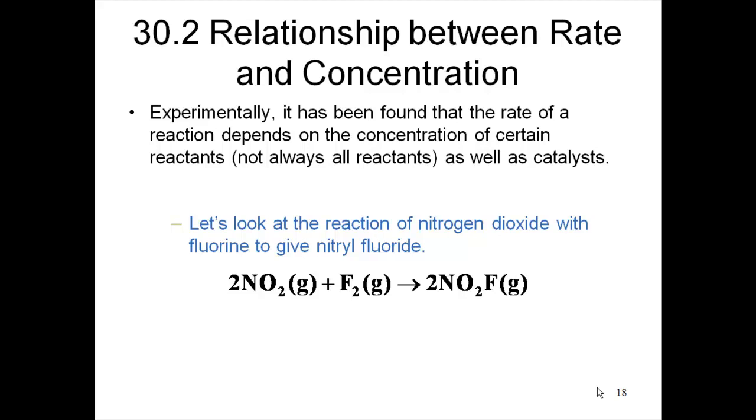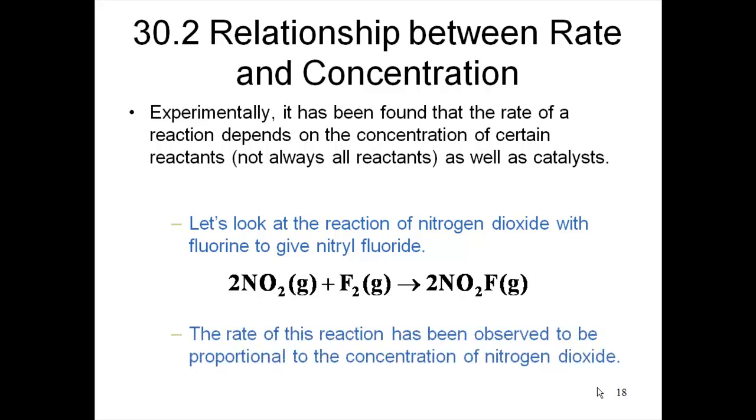If I do that, I'll find out that if I double the concentration of NO2, I double my rate. If I triple the concentration of NO2, my rate triples. What I see is there's a linear relationship between NO2 and the rate while I'm holding the concentration of F2 constant. So the rate of this reaction has been observed to be proportional to the concentration of nitrogen dioxide.